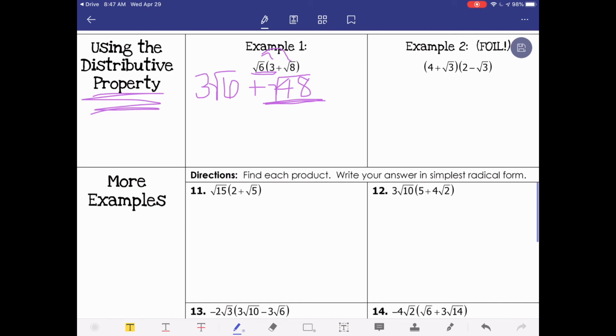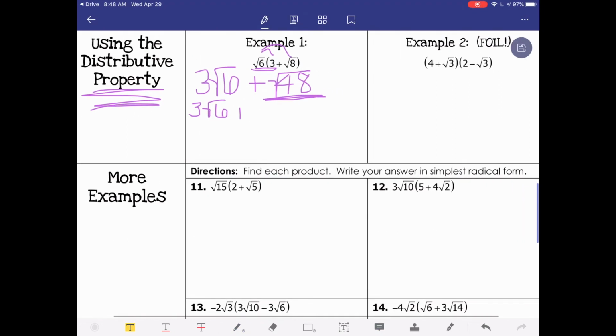So 3 radical 6 is going to stay the same. For radical 48, I know that you can multiply 3 times 16, 16 being my perfect square. So this is going to be plus radical 16, radical 3.